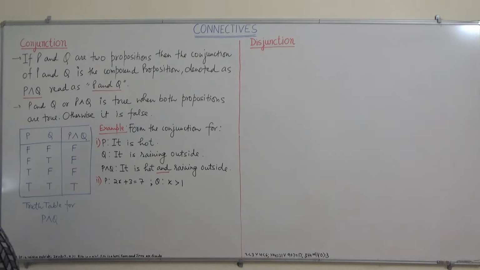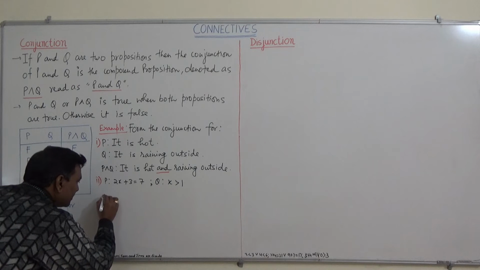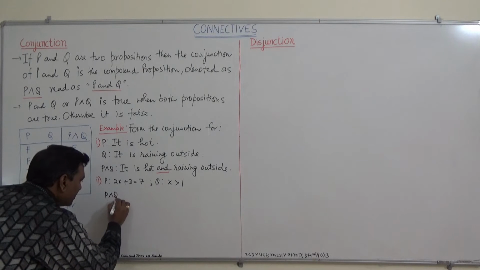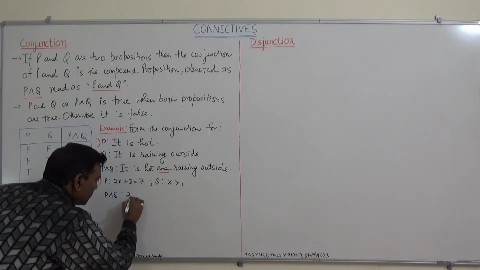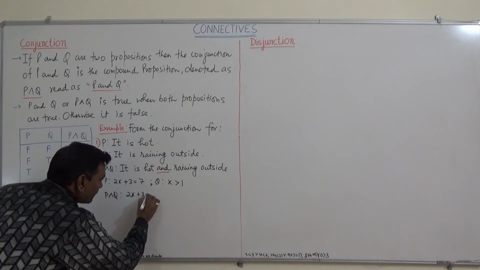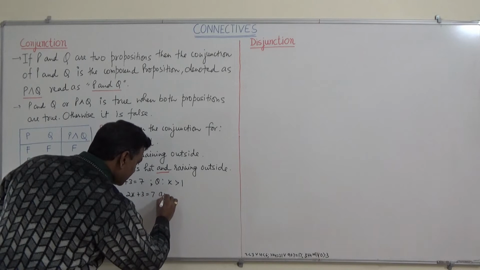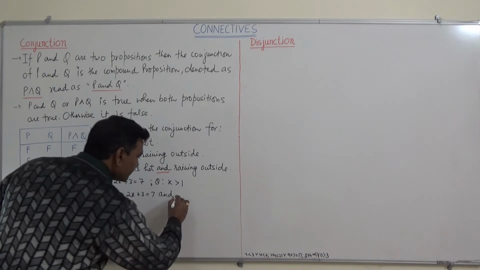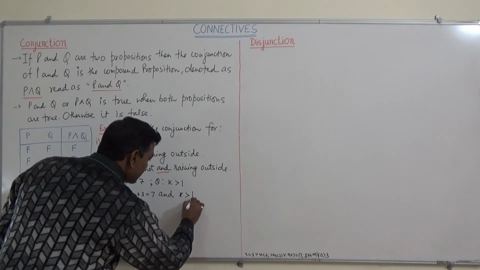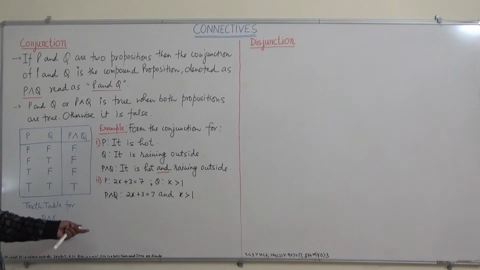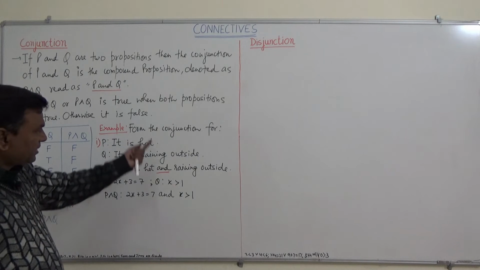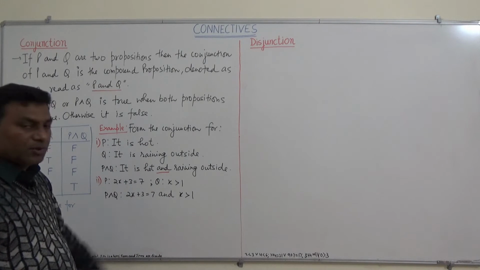So these are the two propositions. Now we can write P and Q. This will be 2x plus 3 equals 7 and x is greater than 1. In this way we can form the conjunction for this P and Q.